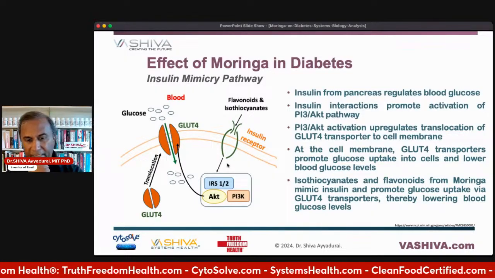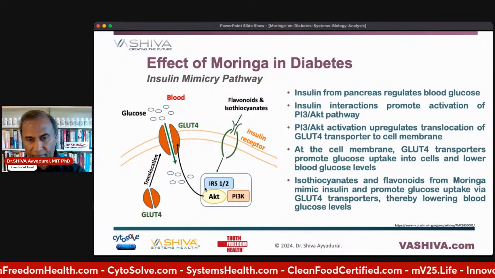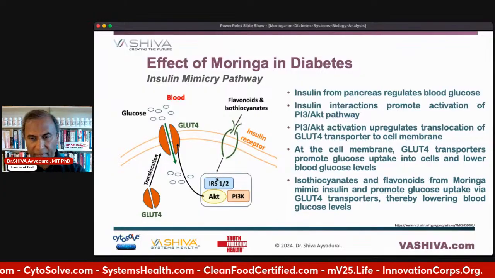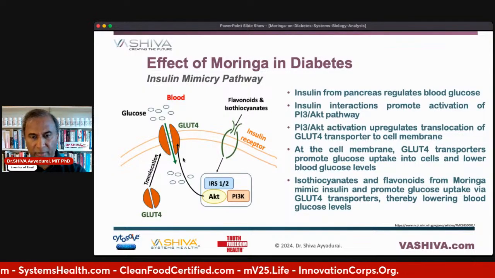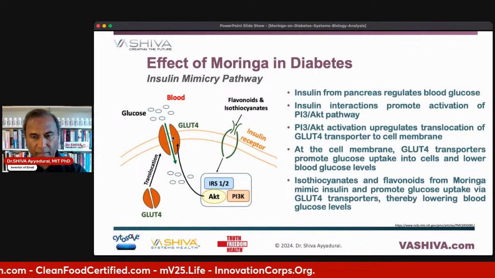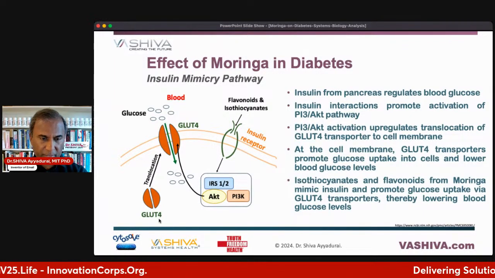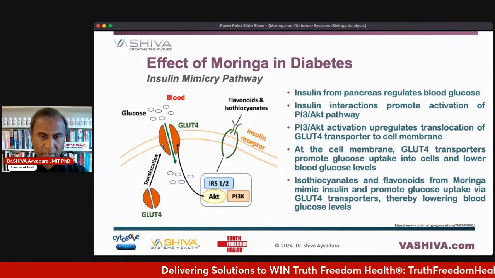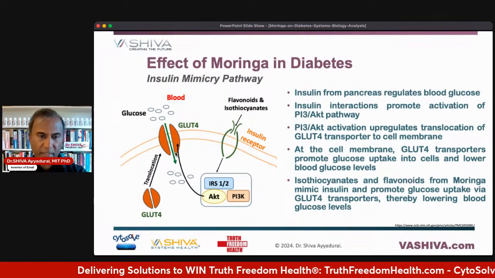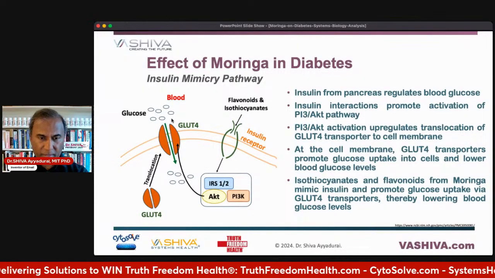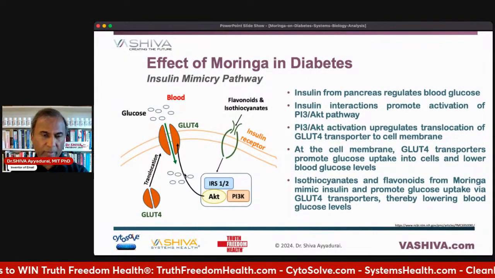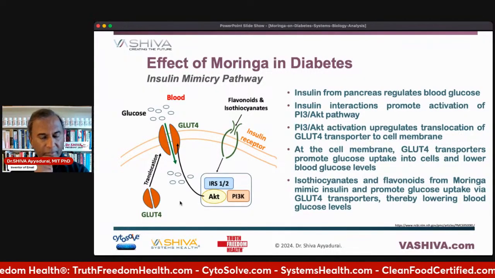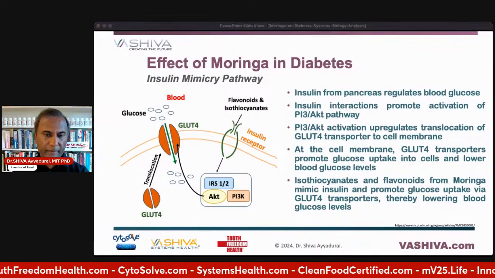They activate the translocation of the GLUT4 to the cell membrane. So through this translocation process, these move up here, and they're able to, like a vacuum cleaner, suck up glucose. And that's a good thing. So that's what's going on. I hope that makes sense.